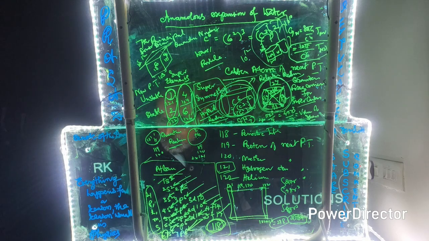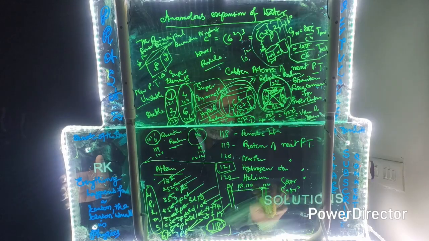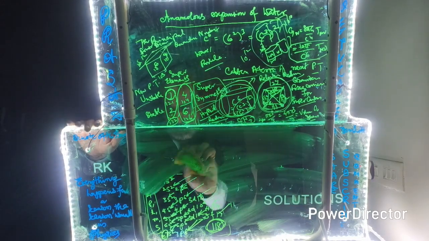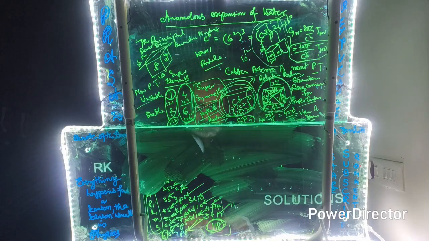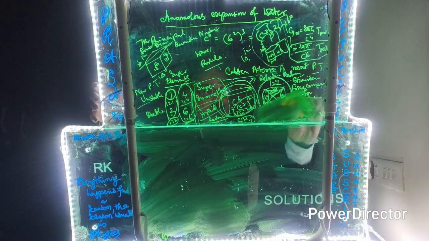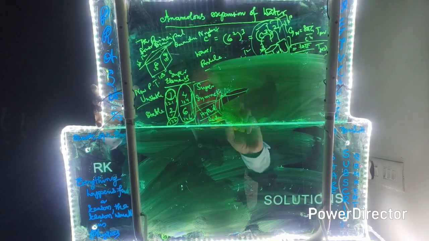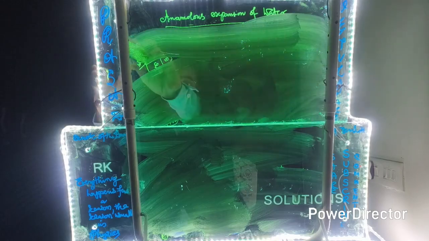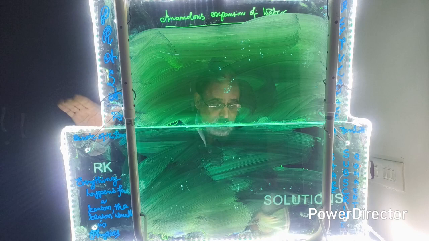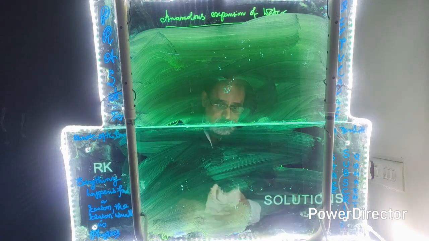So to do all that, what we need, we have already covered till here, till 118, and this was the seventh principal quantum number. So to cover the next one, and I mean the next periodic table also, what do we need?